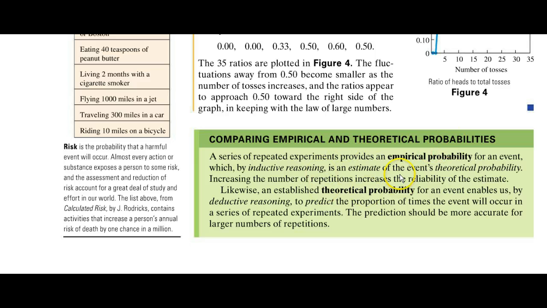And they give a little summation here comparing empirical and theoretical probabilities. When we in biology did our Drosophila experiments with fruit flies, we would get physical results. That's our empirical. But then we compared it to the theoretical, and again, the larger the number of repetitions, the closer it got to its theoretical probabilities.